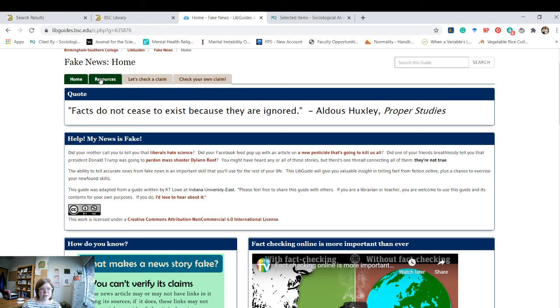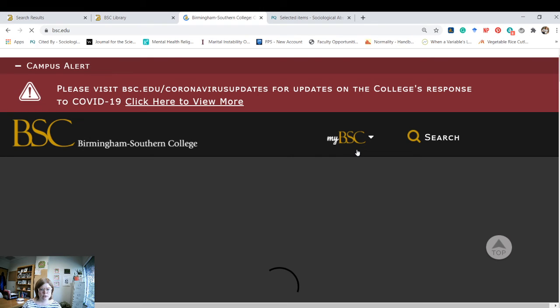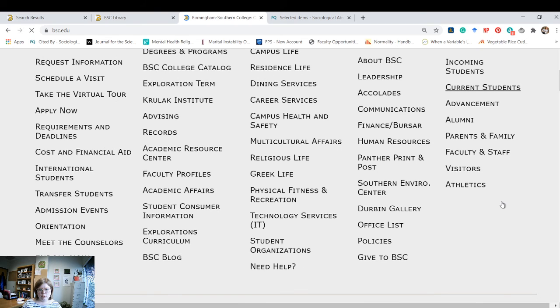So we have these research guides. We can also go back to the library homepage. Oh, that took us all the way to the college homepage. So let's go to the library.